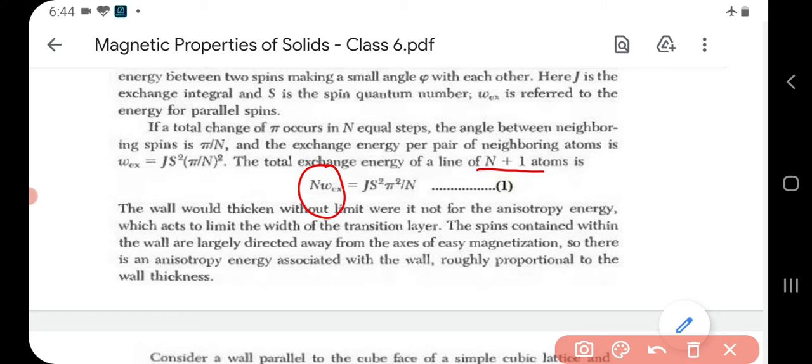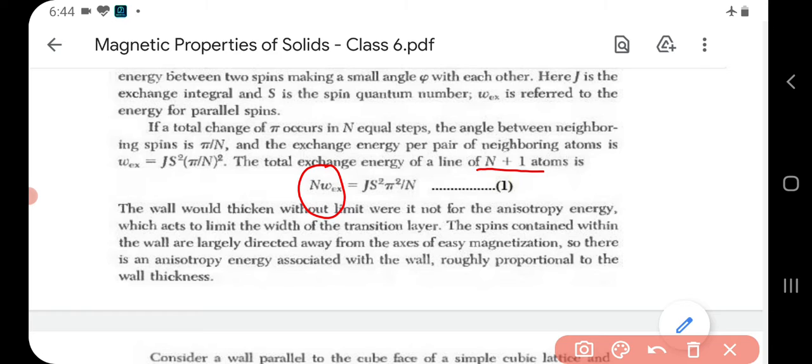Now here we have talked about a block wall. The thickness of this block wall would go on increasing without any limit, but sometimes by the action of anisotropy energy, there will be a limit to the thickness, or to the width, of this block wall.